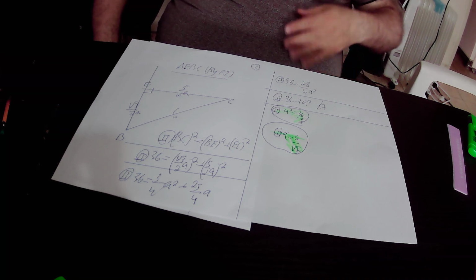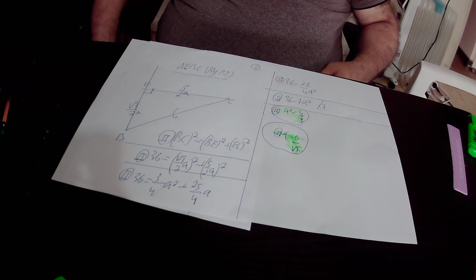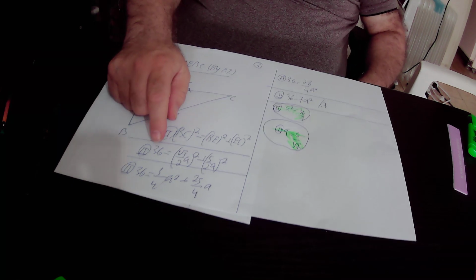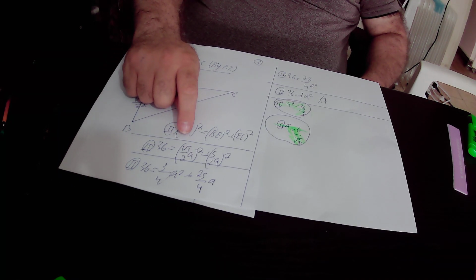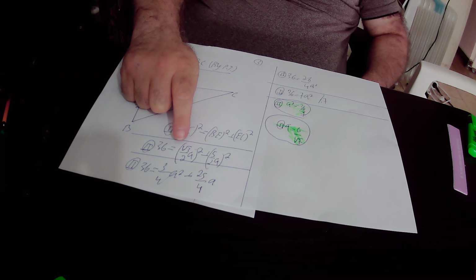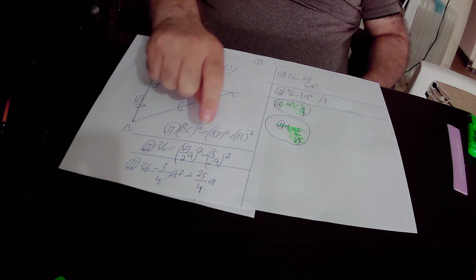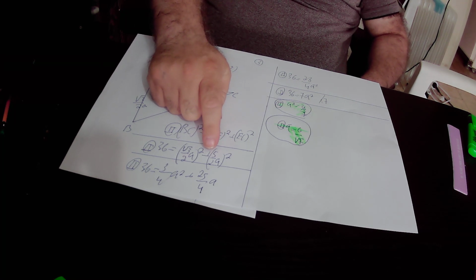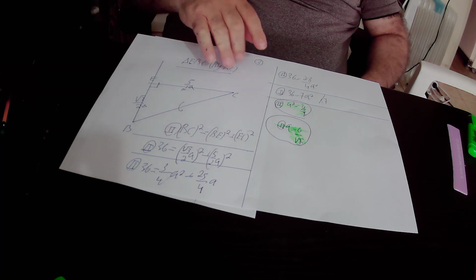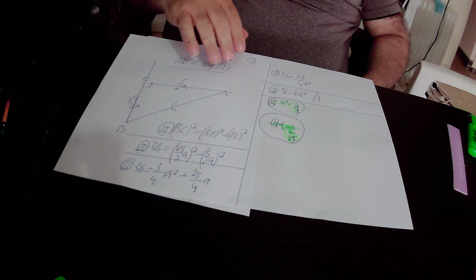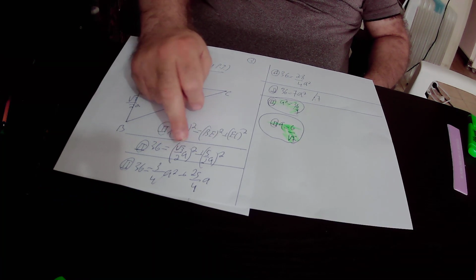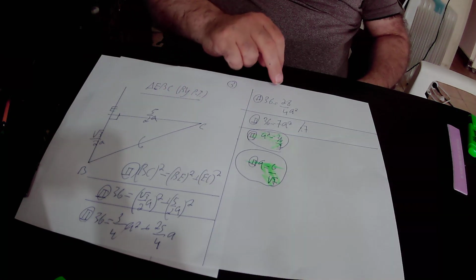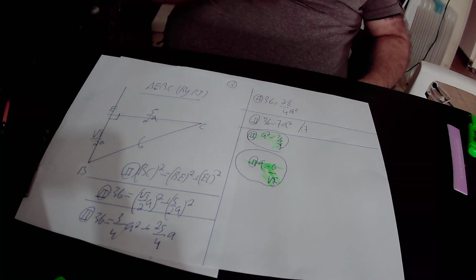We open the brackets on this side of equation number 2. So here 36 equals square root of 3 over 2 times A squared. Square root of 3 squared is 3 and 2 squared is 4, times A square. Here 5 halves times A squared is 5 squared, that is 25, over 2 squared, that is 4, times A square. 3 quarters plus 25 quarters is 28 quarters, times A square.